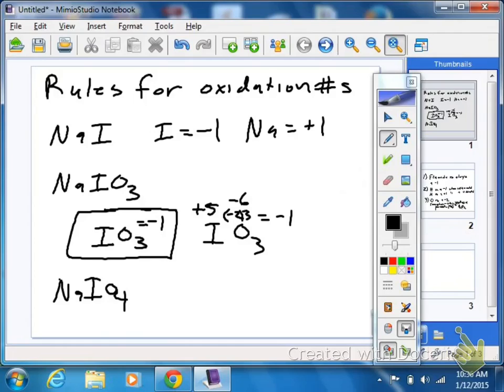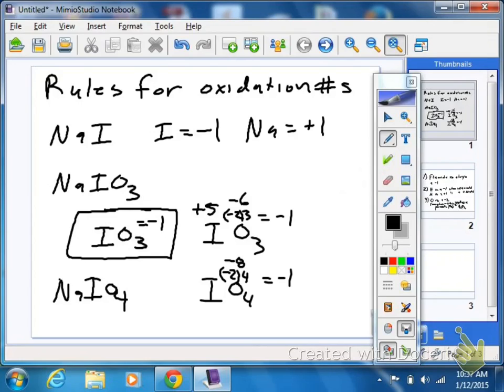So then what I like to do is to treat IO4 by itself and separate it from the metal. Because we know the metal is always going to be a +1 here. So I'm going to separate it out. Right, IO4 has to equal a -1. So now what's the oxidation state of iodine? So oxygen, 4 of them, -8.